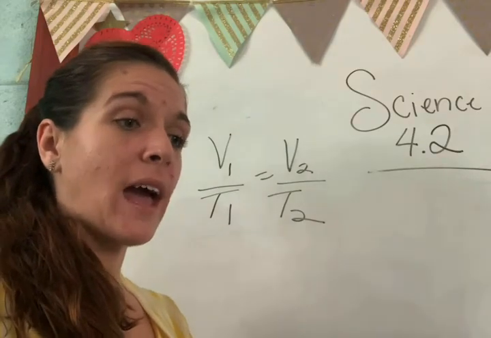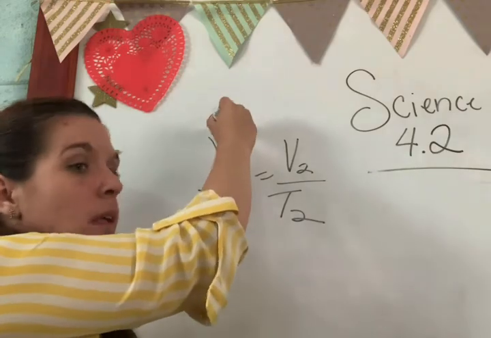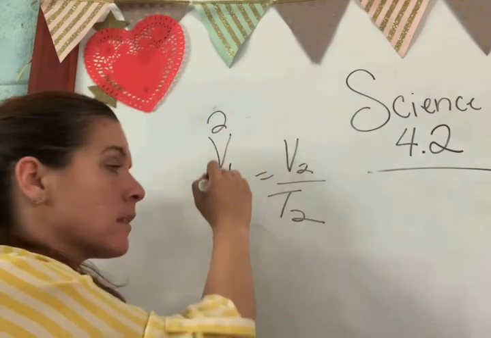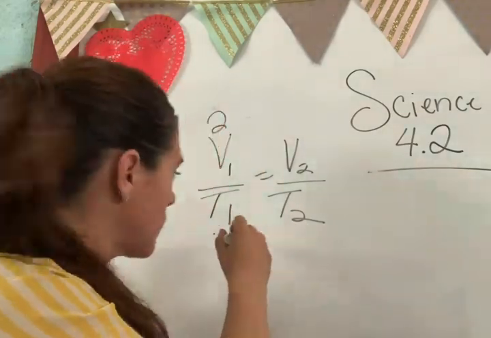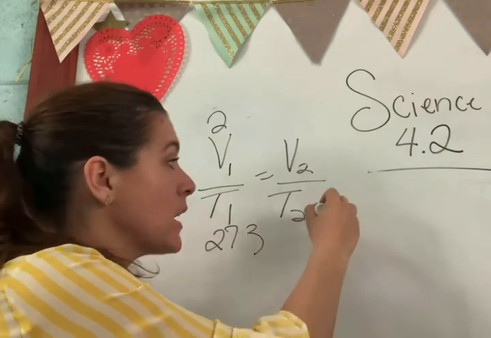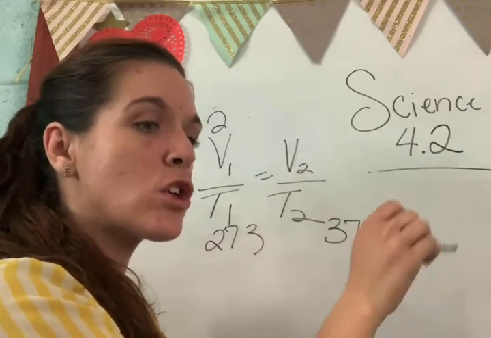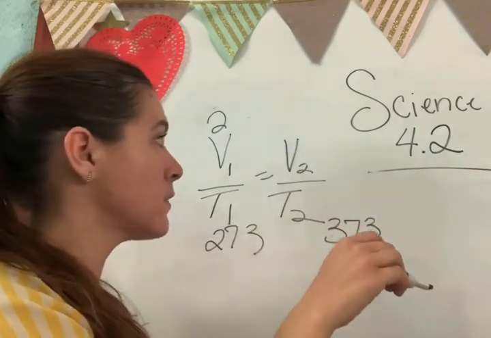A sample of gas has a volume of 2 and temperature is 273. The sample is heated to 373 while the pressure remains constant. Find the final volume.